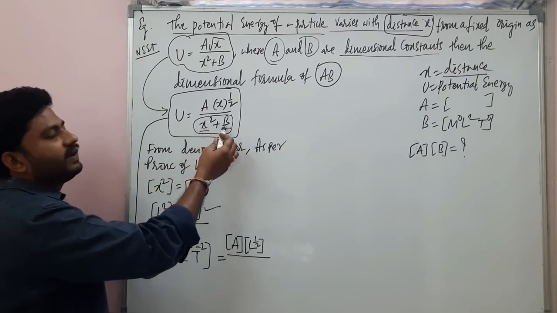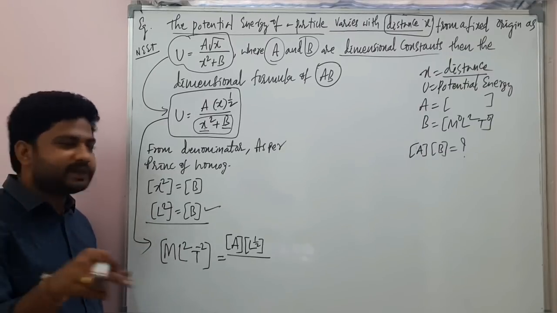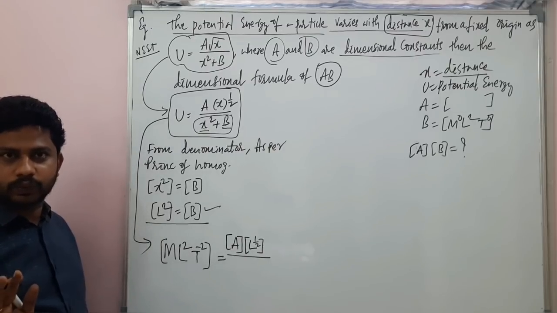The sum of these two quantities will have some value, some quantity. That quantity also must have the dimensions of this or this. Yes or no?